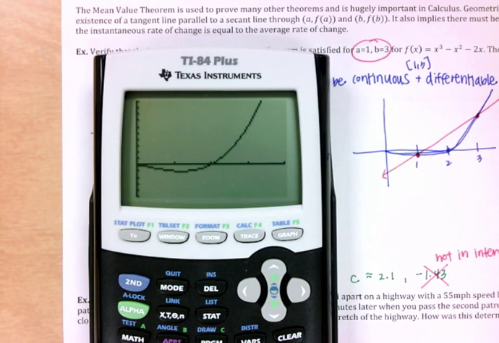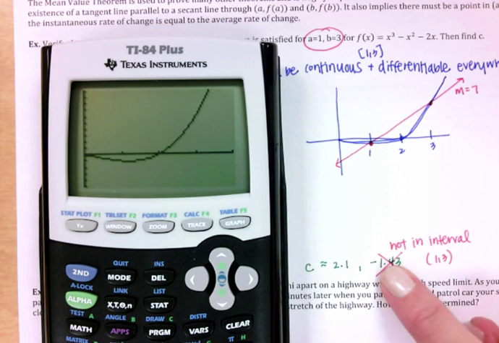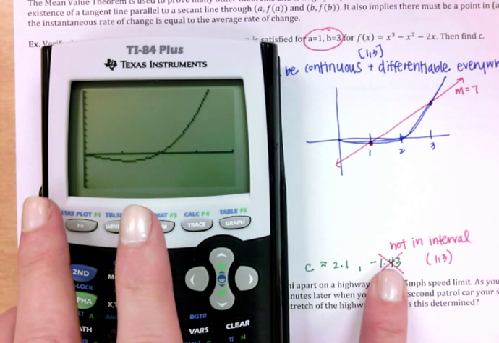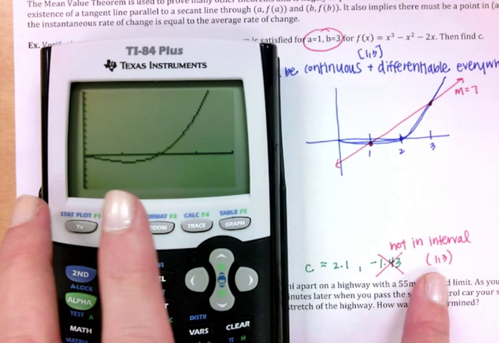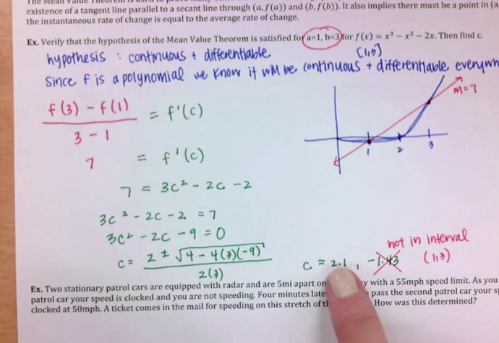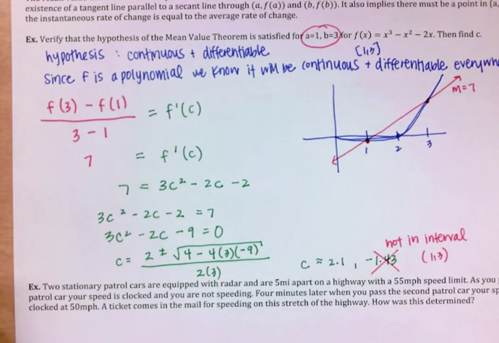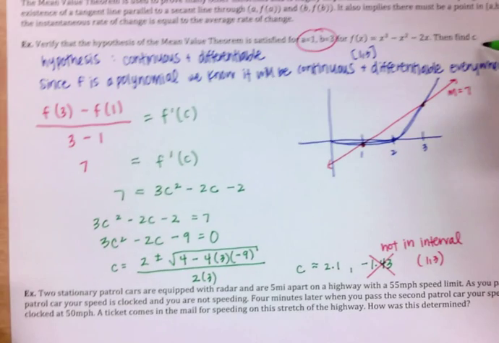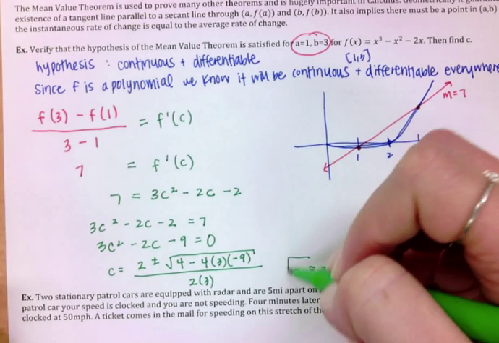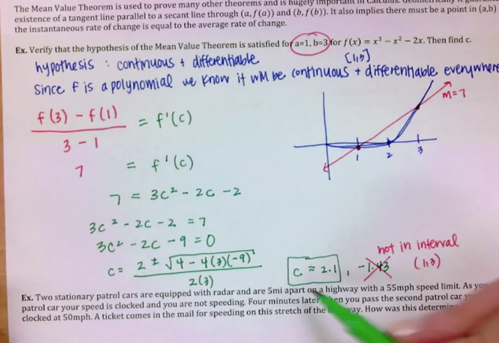Okay, so we're looking for that interval, which is 1, 3 for this problem, and so that just automatically is not part of our discussion. But if our interval was bigger, we would include him, but it's not, so our negative is not in there. So we know, okay, there he is at 2.1. So that's our final answer. So we found C. C was 2.1, okay, or approximately 2.1.